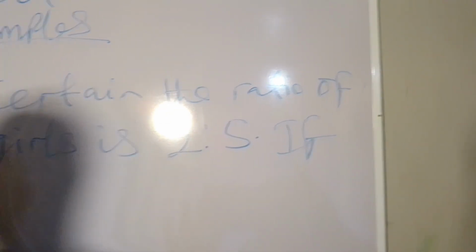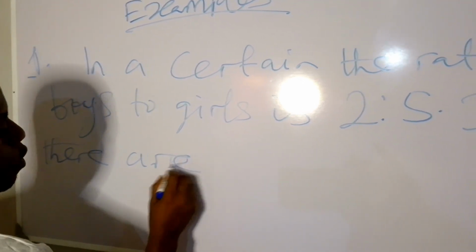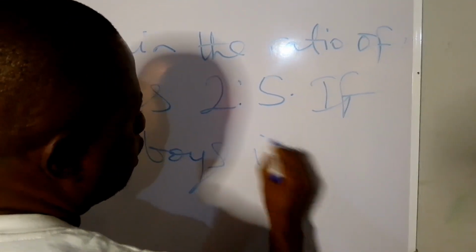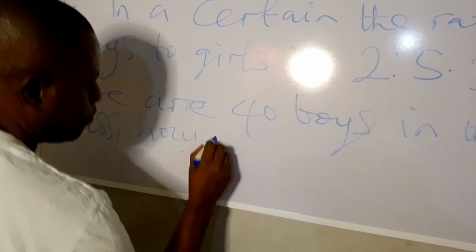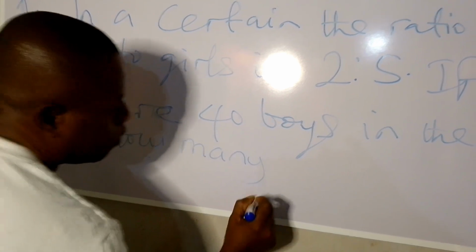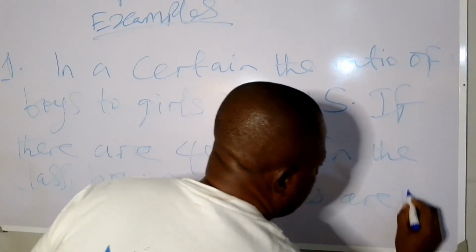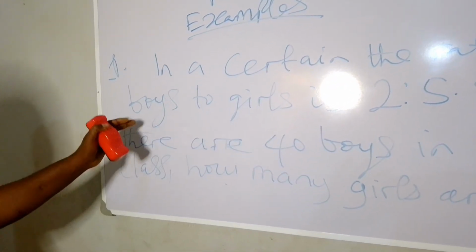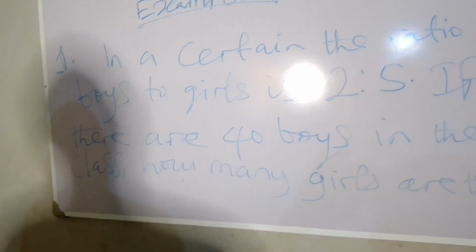If there are 40 boys in the class, how many girls are there? In a certain class, the ratio of boys to girls is 2:5. If there are 40 boys in the class, how many girls are in the class? How do you solve this?